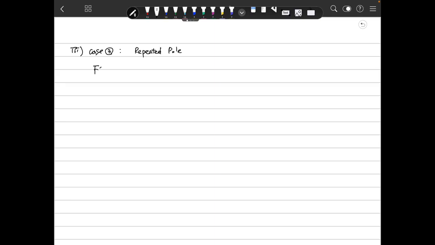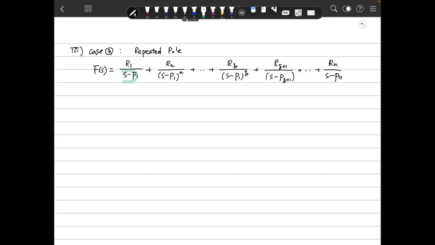For example, F(s) is R1 over (s minus P1), plus R2 over (s minus P1) squared, and so on up to (s minus P1) to the power Q with RQ, plus the other terms up to Rn over (s minus P_n). I mean, there are some poles, but the pole is repeated.